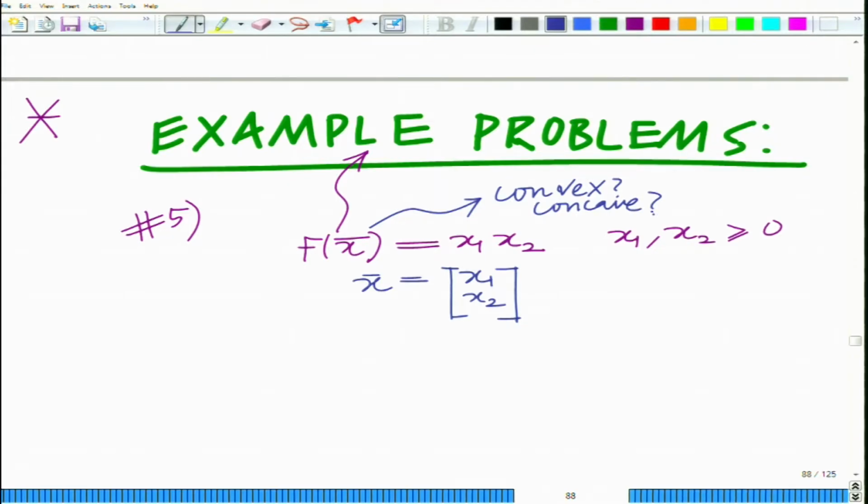Convex, concave, or neither. Remember, a function need not be only either convex or concave, but can be neither convex nor concave. That is an important point to keep in mind.